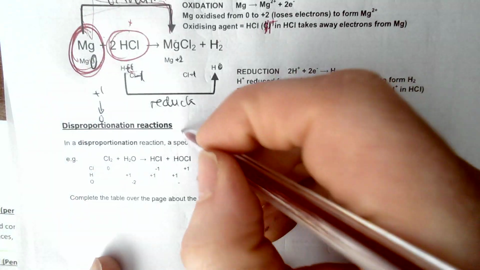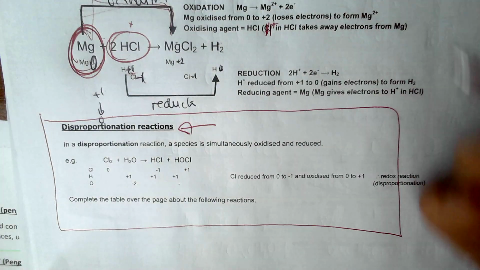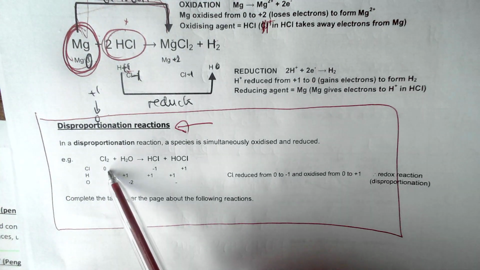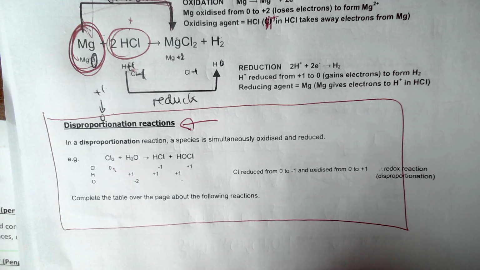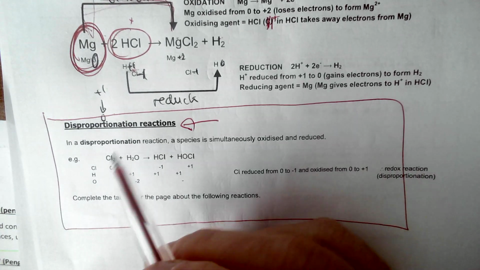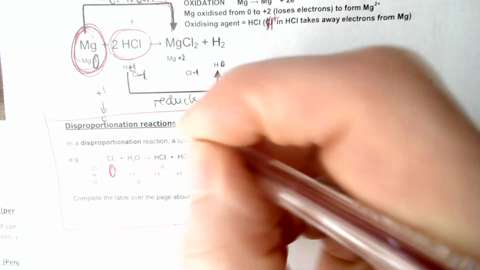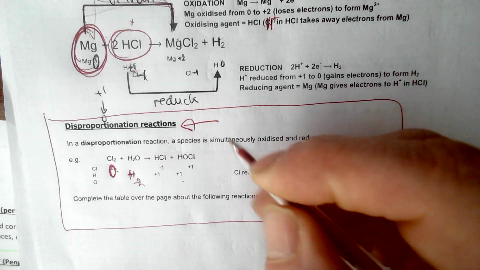All right. Next little thing, and please, you have to have covered this. There is a special type of reaction where you will see one element get oxidized and reduced. Now, it's not as weird as it sounds. If we look at this equation here, you've got chlorine, the element, oxidation state 0. You've got hydrogen that's +1, and oxygen that's -2.